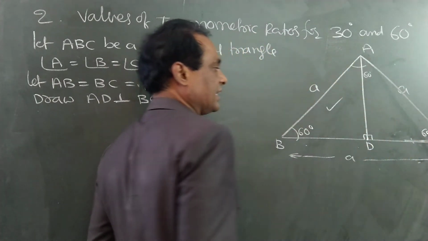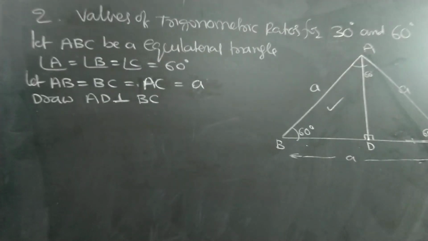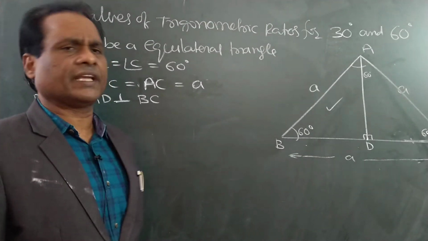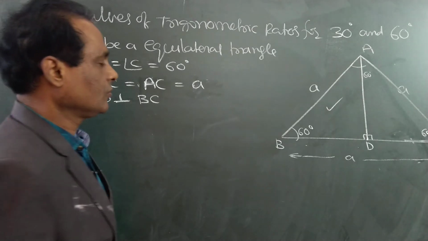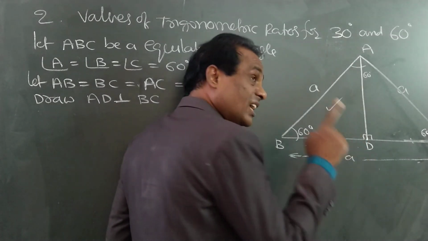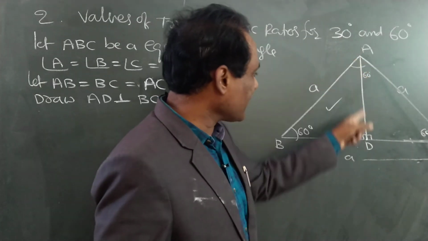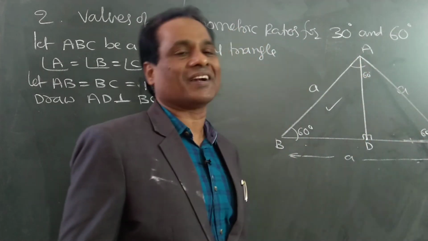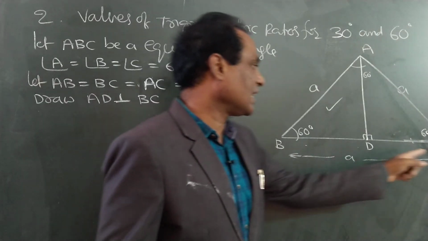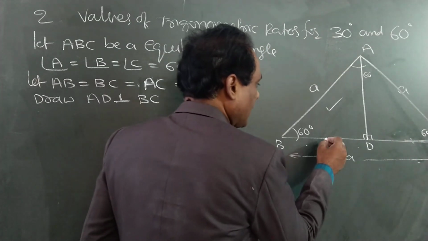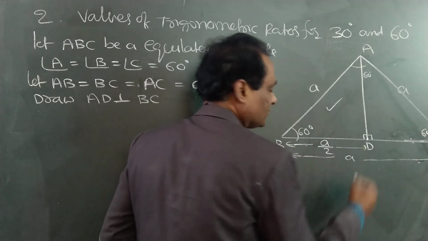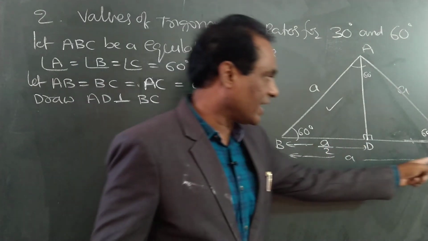So take this triangle, any one side. In an equilateral triangle, the perpendicular will divide this base side into two equal parts. This total is A, no?